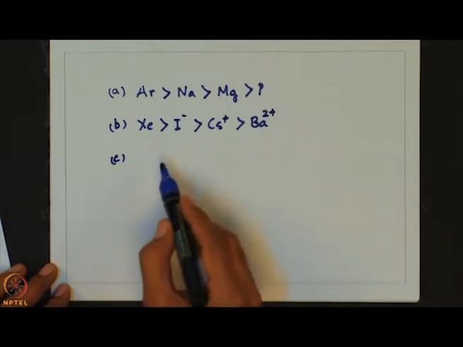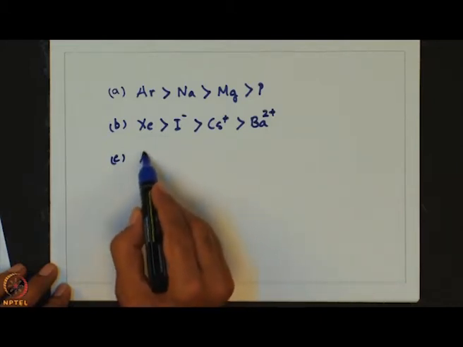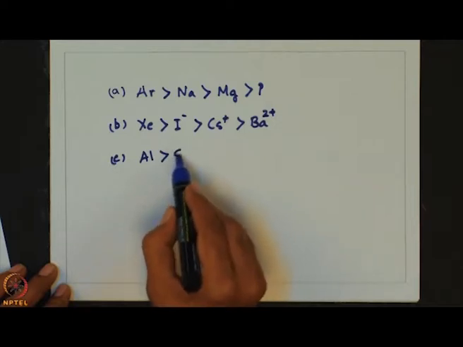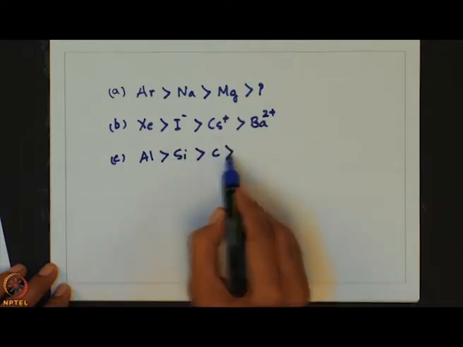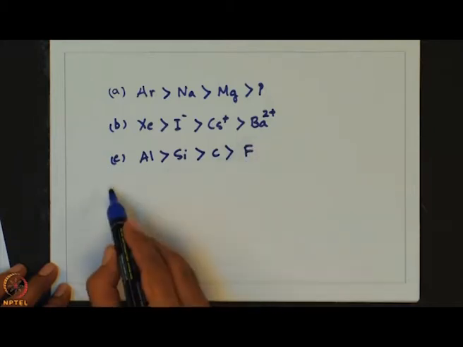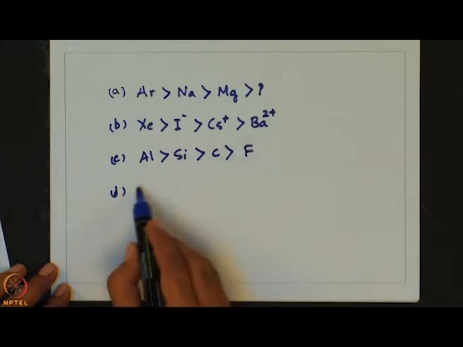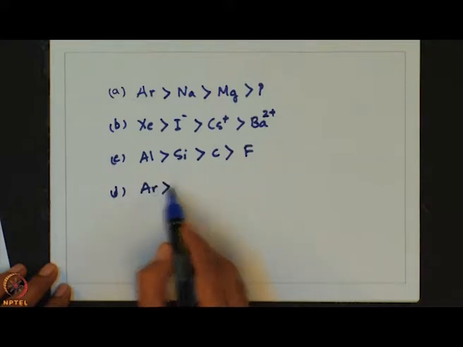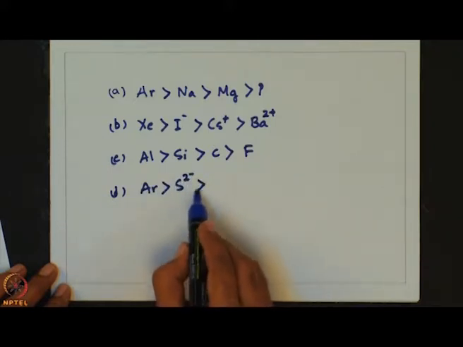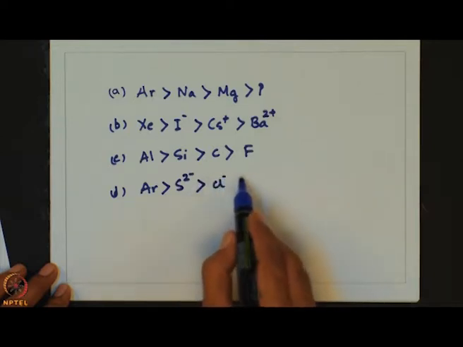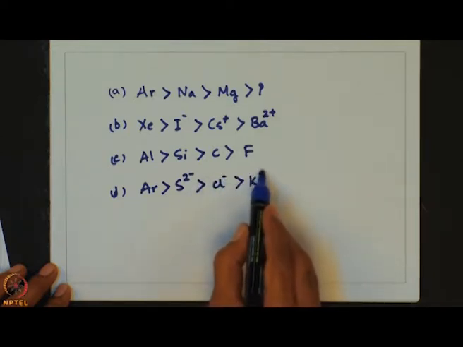In series C, it is aluminum, silicon, carbon and then fluorine. In the last series, it is argon, then S2 minus sulfide ion and then chloride ion and then K plus.